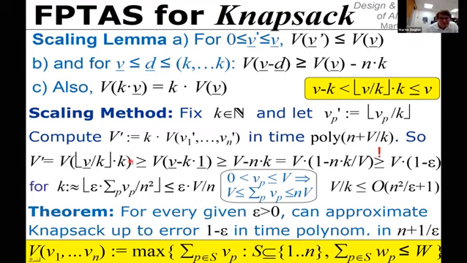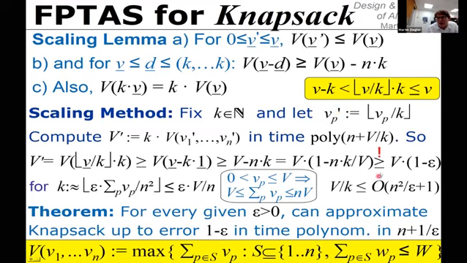And to summarize, the algorithm first calculates the appropriate choice of k, the rounding parameter, then performs the rounding, then executes the exact dynamic programming approach from the previous slide, and then scales the values back, multiplies everything back with k.